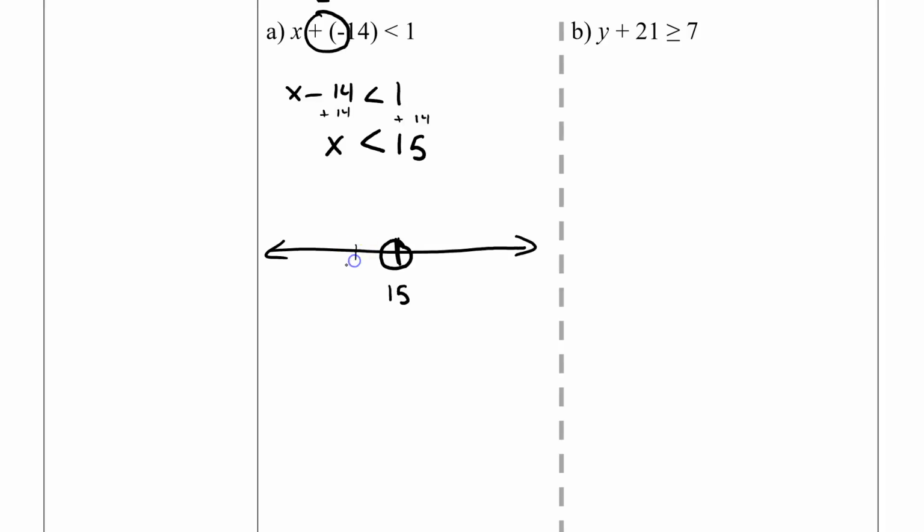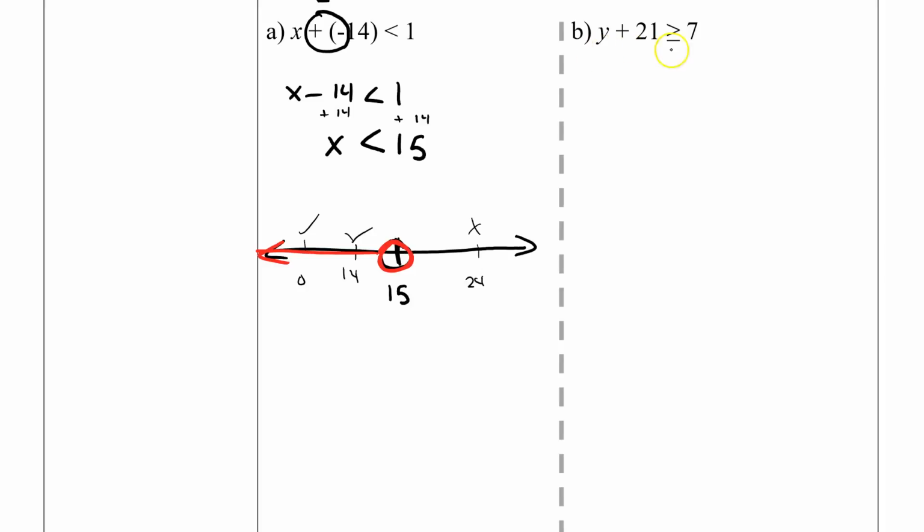So x can be 14, yes it can. x can be 0, yes it can. But x cannot equal 24. So my solution goes like this: open dot going off to the left. Fabulous.